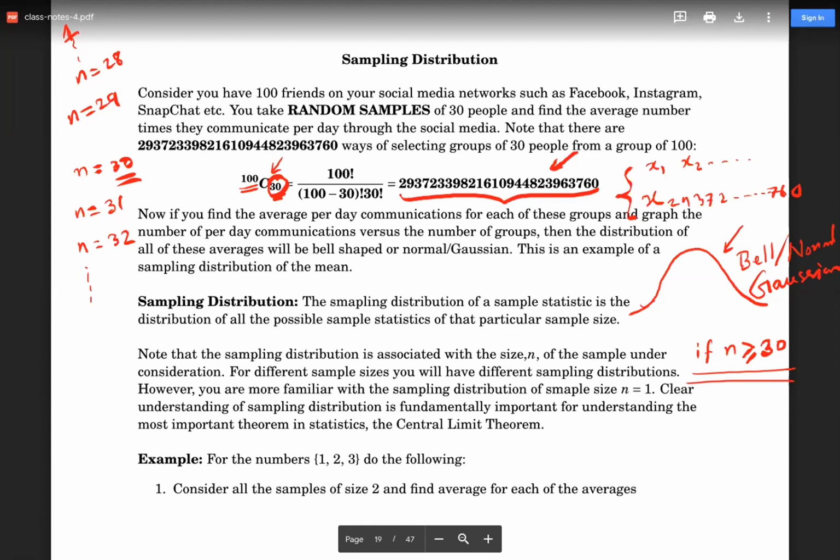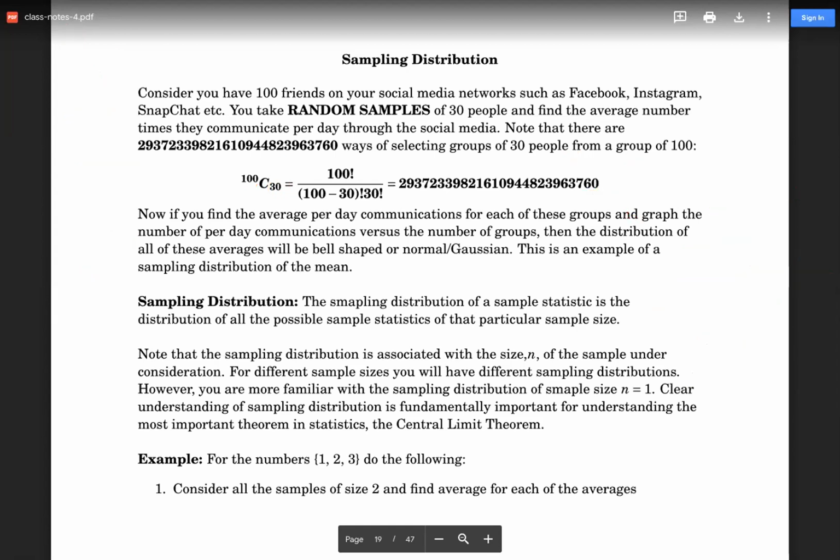Now, an interesting thing about this, let's consider these two scenarios. For n equal to 30, for our simple case, we have the bell-shaped curve, right? Let's say I make n equal to 50. That is also going to be bell-shaped, but the difference between this bell shape and this new bell shape is this.